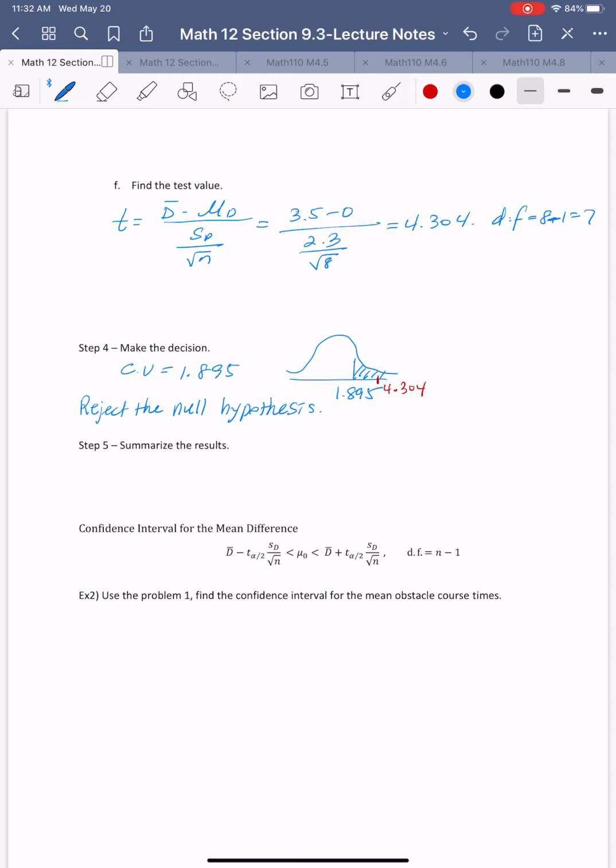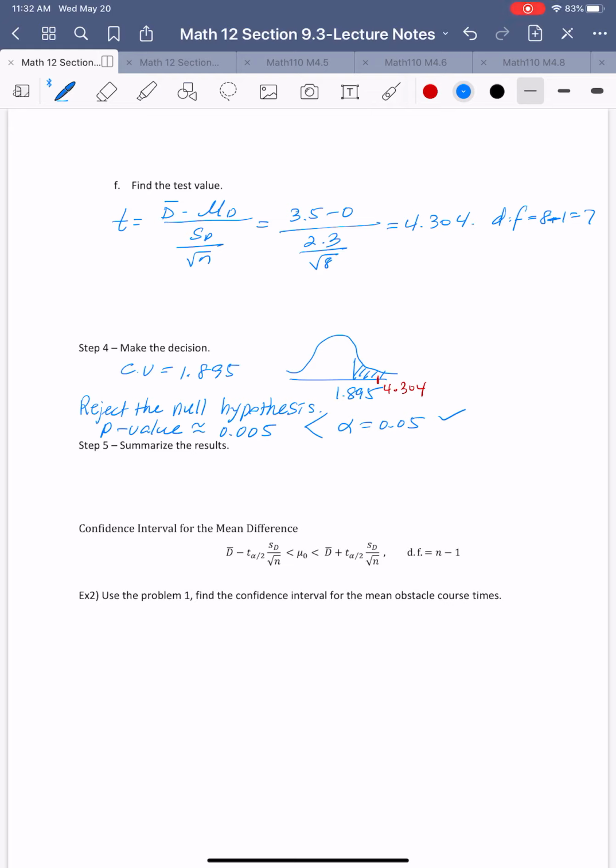Also, if you use the p-value, using the test value in the table, the p-value comes out about 0.005, and compare to alpha, which is 0.05, which is true, so we still need to reject the null hypothesis, okay?